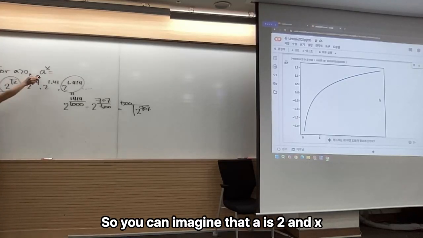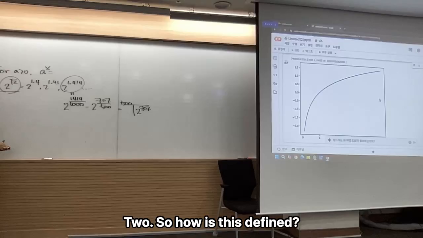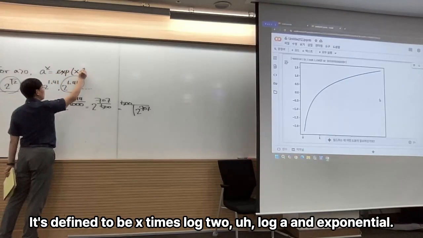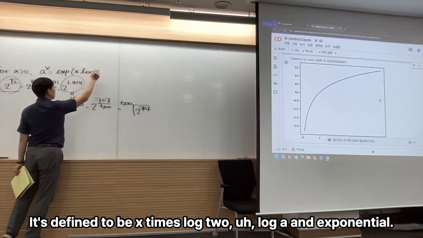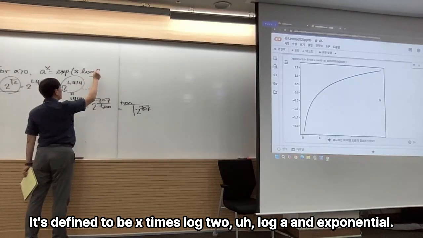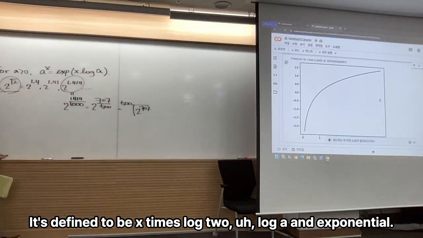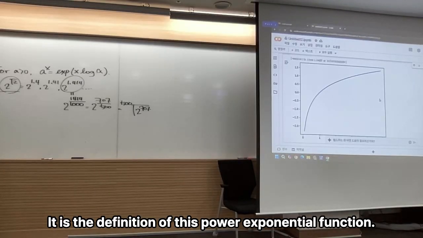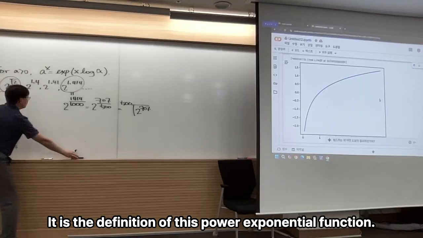So you can imagine that a is 2 and x is square root of 2. So how is this defined? It's defined to be the exponential of x times log a. It's defined as a composite of exponential and log function. It is the definition of this power exponential function.